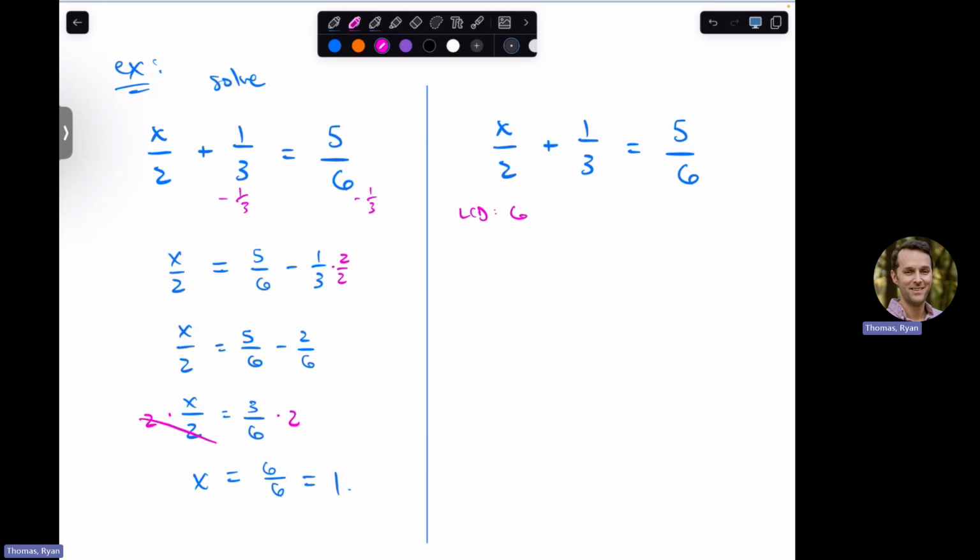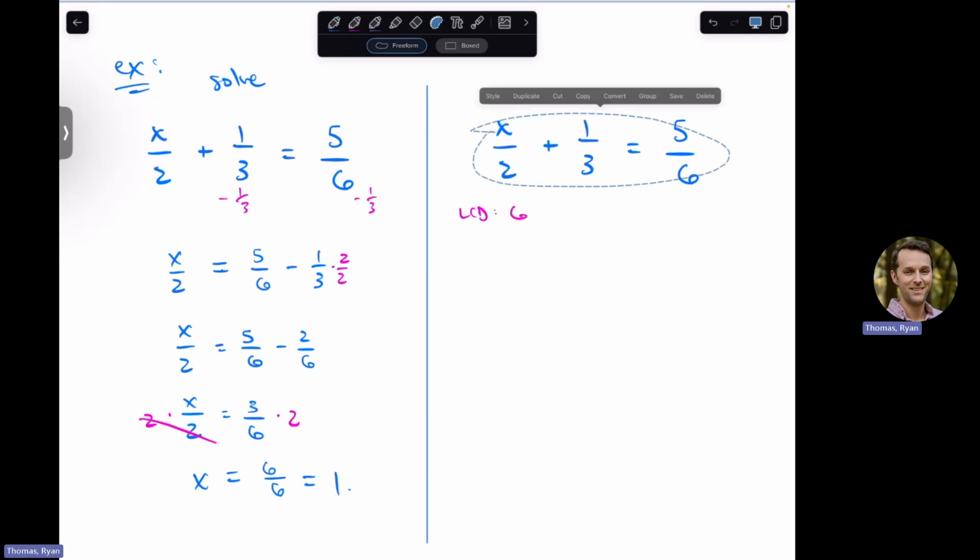Okay, so I could then do the same kind of stuff that we were just doing. And I could put everything into terms of sixths. And then I could do all the same stuff that we did here, basically. Just it should feel a little more smooth because I'm doing all the fraction manipulation stuff at the beginning, right? Like that would work.